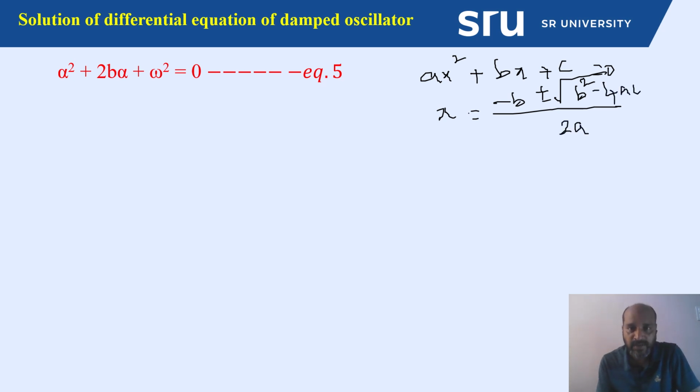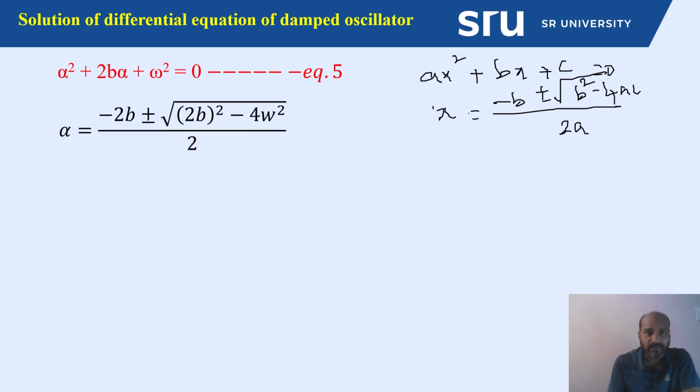So we just apply this solution to equation 5. Then α will be equal to, instead of b, here it will be 2b: (−2b ± √((2b)² − 4ac)) / 2a. Here the coefficient of α² is 1, so 4ω² over 2.